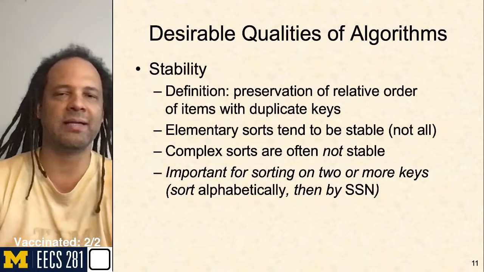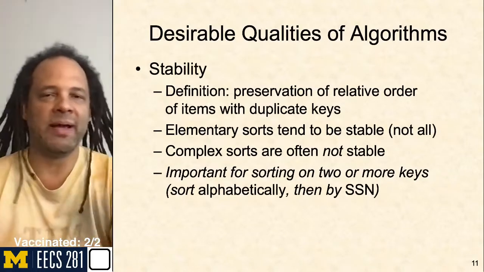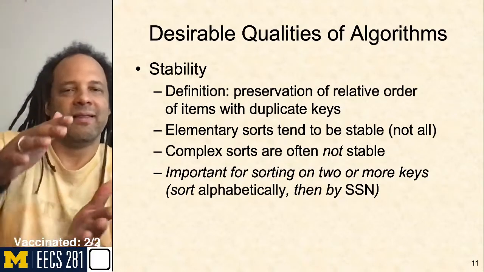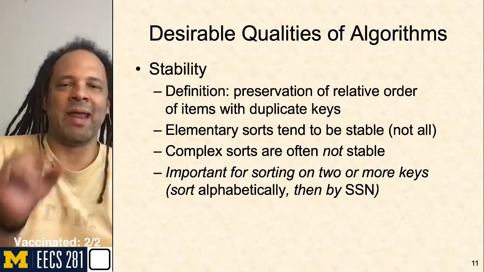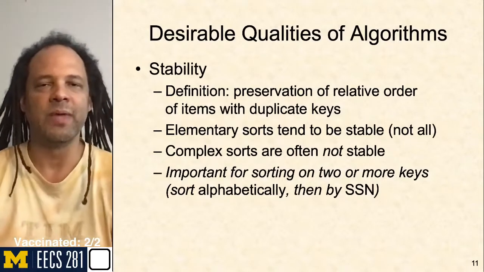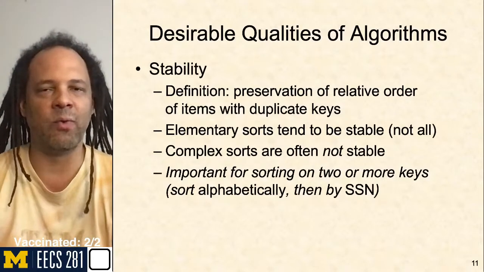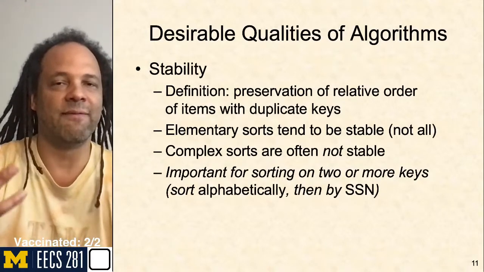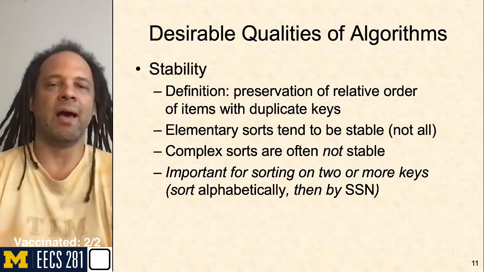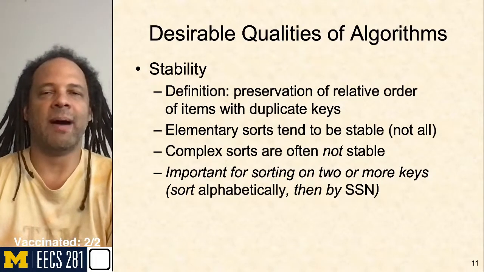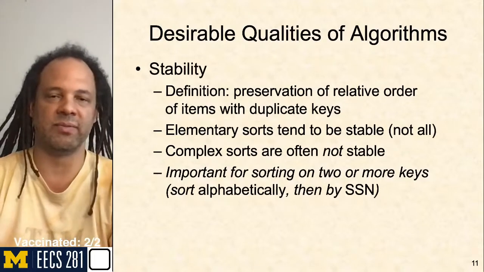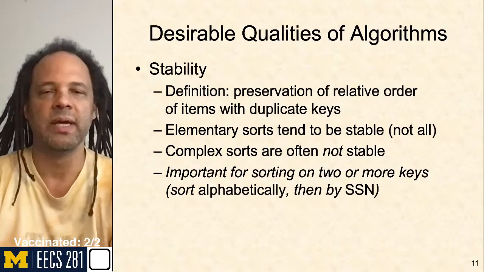So if I'm looking to get Abby Smith before Benjamin Smith, if I sort by last name first and it's stable, then the Smith keys stay the same and I come up with A before B. But if it comes around the other way, I might say things turn out differently in an unstable sort. I might end up with my last name sort being undone because of my first name sort. So that's what's important there.